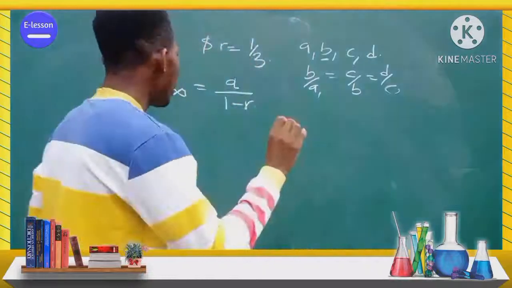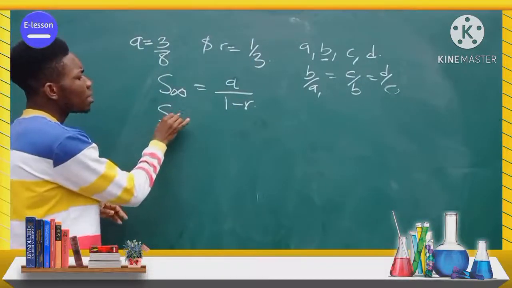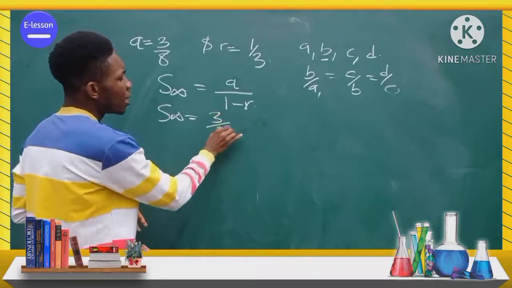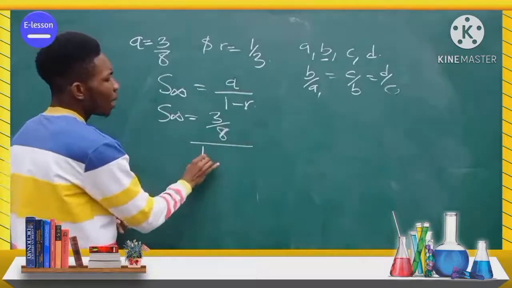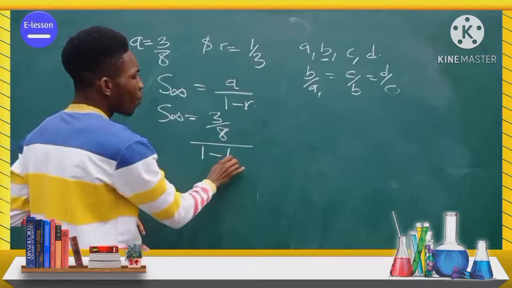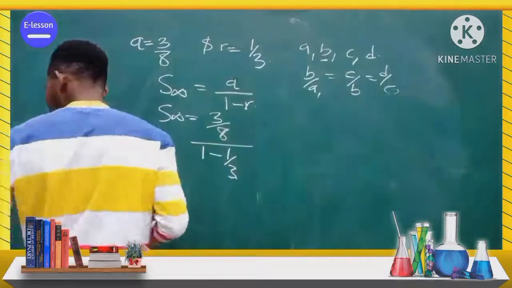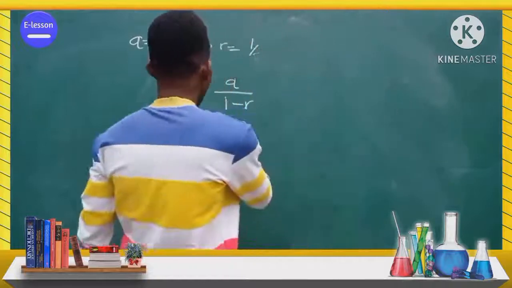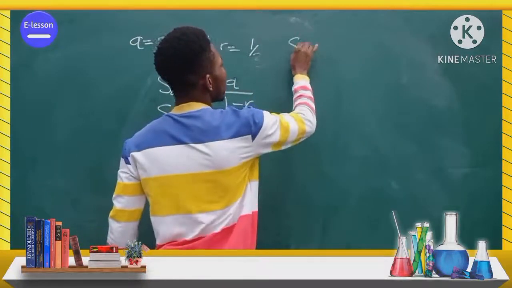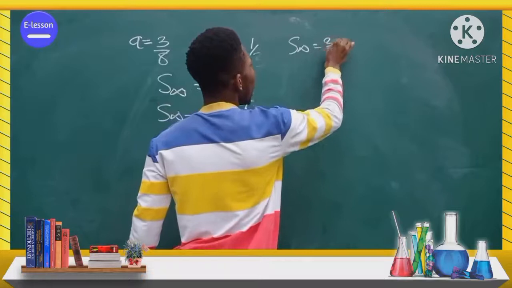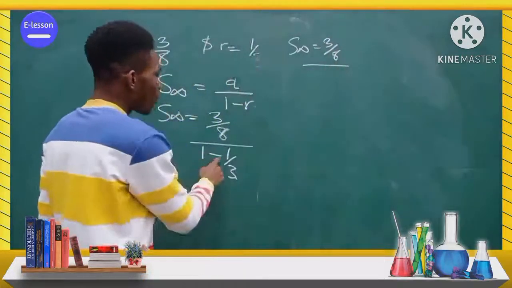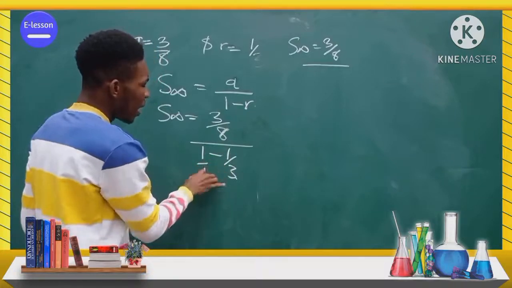Now, substituting our values, the sum to infinity will be equal to, what is your a? It is 3/8, divided by 1 minus r, what is r? 1/3. Simplifying further, the sum to infinity is equal to 3/8 divided by 1 minus 1/3. You have to find the LCM.